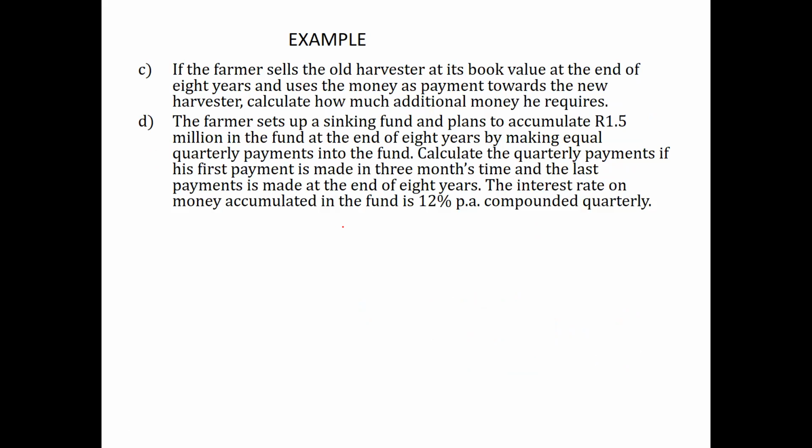So in this case, we have to calculate the required money by taking the value of the harvester after 8 years, which is 1,920,692,077, and then you minus the book value, which is 218,103,808.